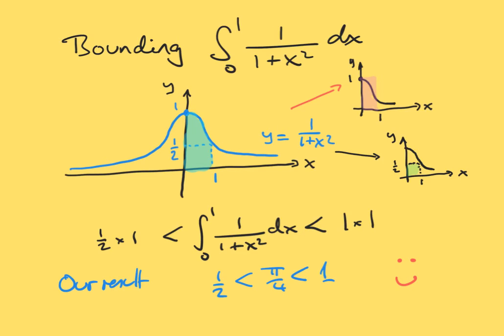So pi over 4 is a bit bigger than 3/4, and that indeed lies between a half and 1. So our result for the integral, it's not just that it's positive, it also obeys these bounds. So on the next slide, I'm going to draw some more general consequences and also consider the differentiation of the result for the integral, and we'll look at that now.